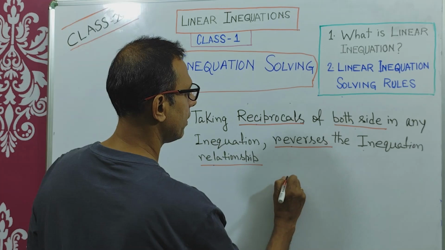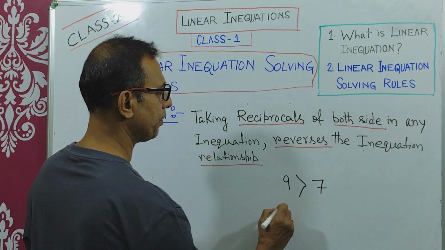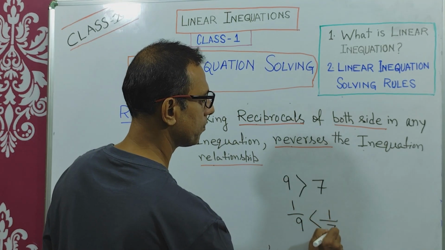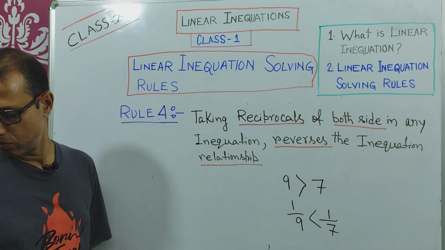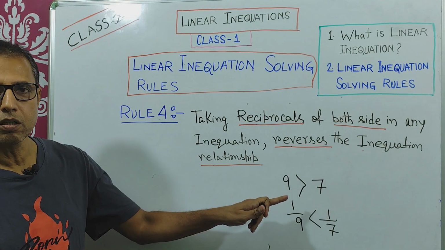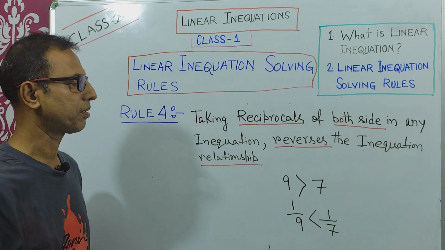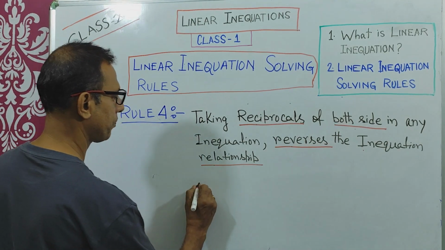Let's say 9 is greater than 7. But if you take the reciprocal, 1 by 9 is less than 1 by 7. The same thing for any inequation also. This is also an inequation, but without a variable. So 9 greater than 7, 1 by 9 less than 1 by 7. The same thing here. I am giving you one example.